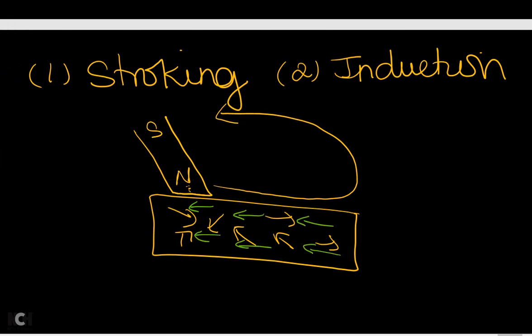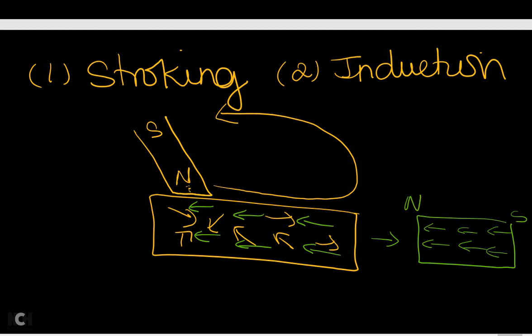So the green arrows represent what would happen, and the effect is permanent because it's physically rearranging the alignment of the domains. So now what you will end up with is all of the south poles of the tiny domains facing one direction and all of the north poles facing the other direction.